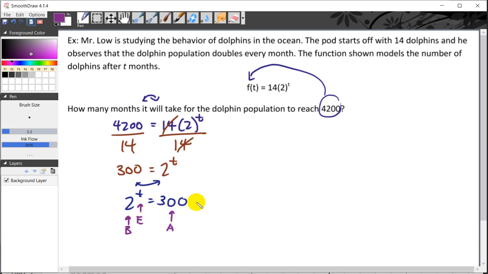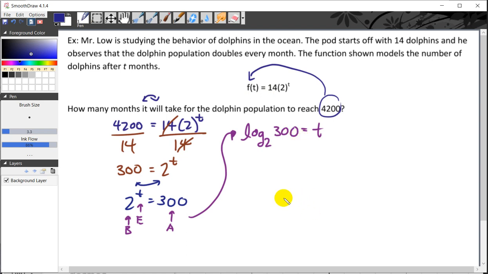So we want to write log base 2, answer is 300, exponent is t. That's how we can express this as a logarithmic expression.